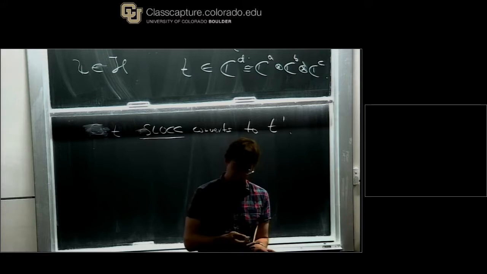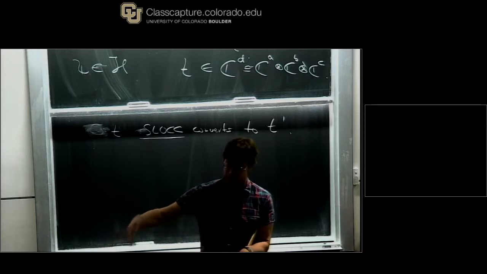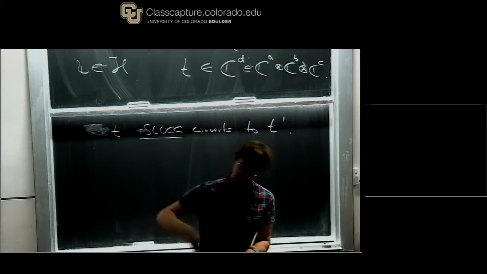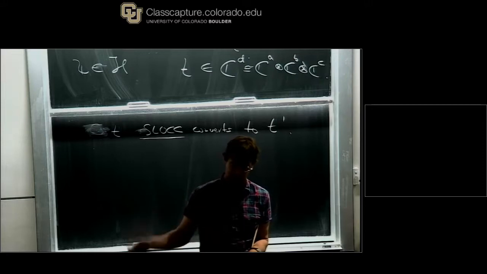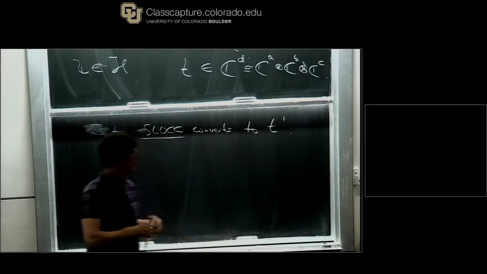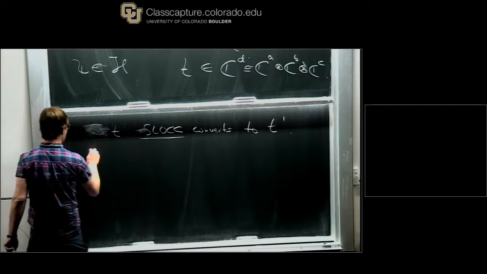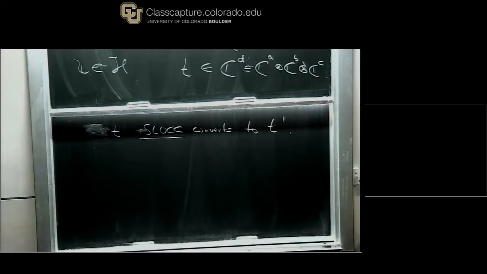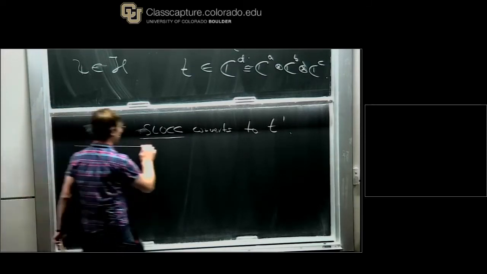You do some operation locally, then you send some classical information to the other party that does something locally, sends the classical information to the other party, does something locally, and possibly an infinite number of rounds of doing this. Okay, that was LOCC.